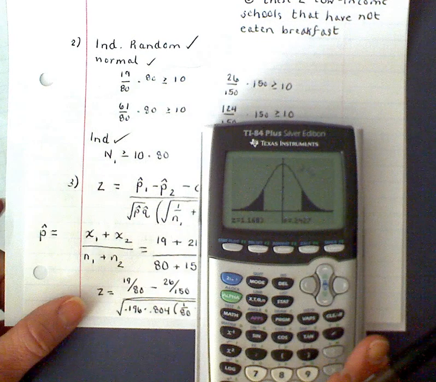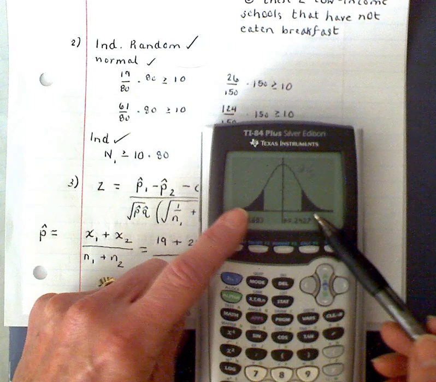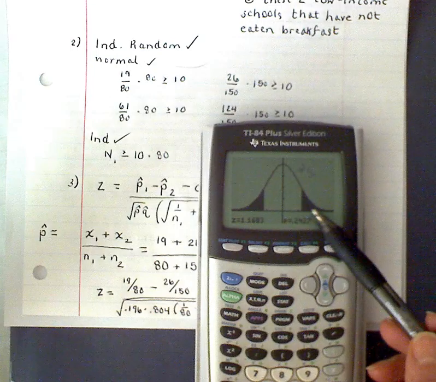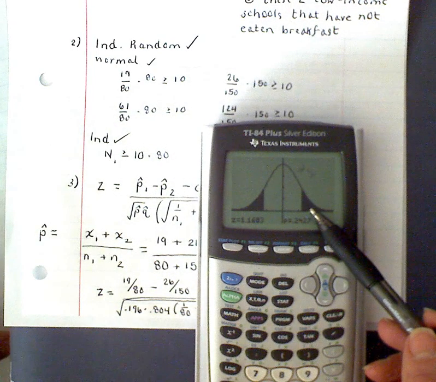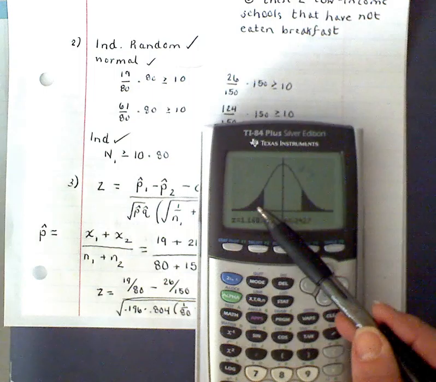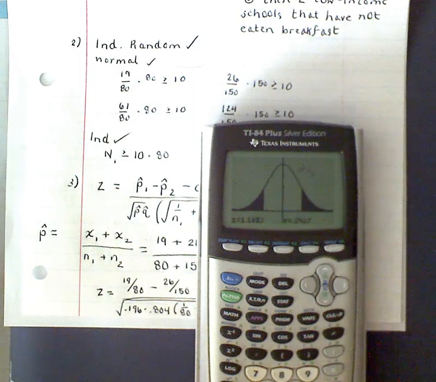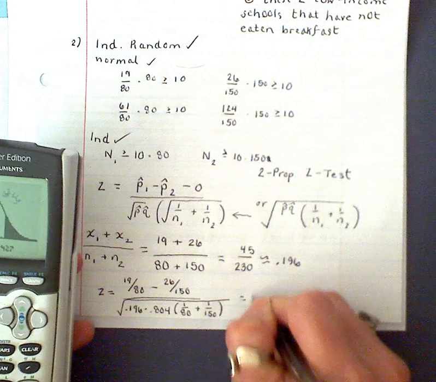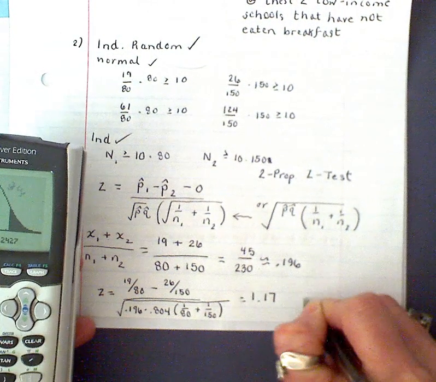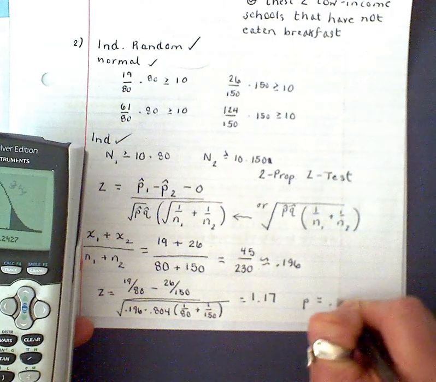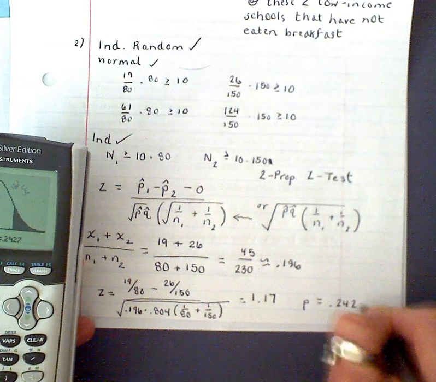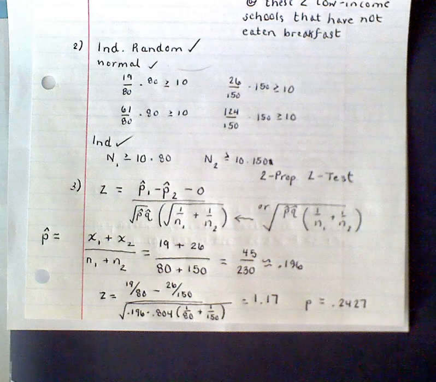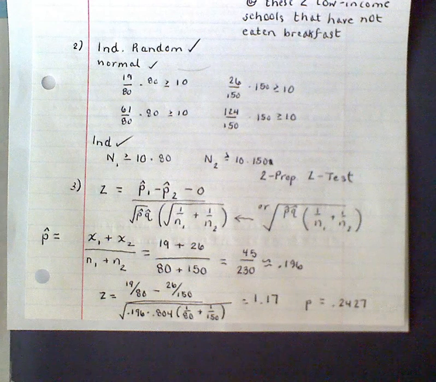This is a less powerful test because it's harder to reject the null in a two-tailed test, because you take whatever the area is in the tail for your sample results and you have to double it because it could be in either tail, you weren't sure. So I'm going to record my z of 1.17, and that gave me a p-value of about 0.2427. Is that unusual? Not at all. I'm going to fail to reject the H0 because my p is so large.